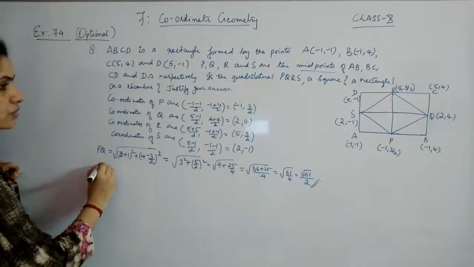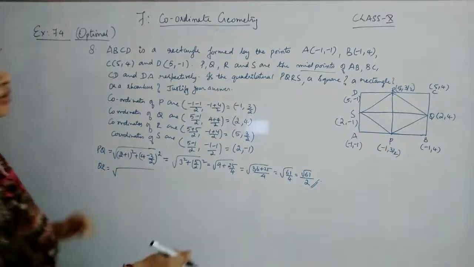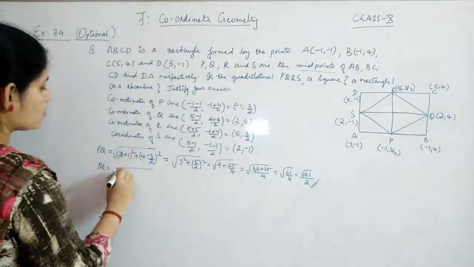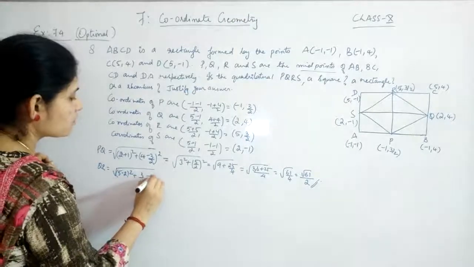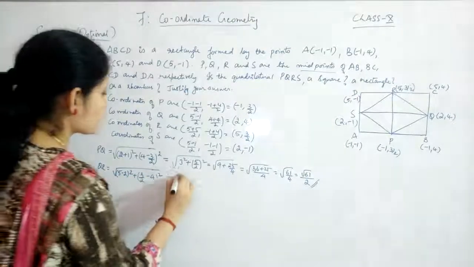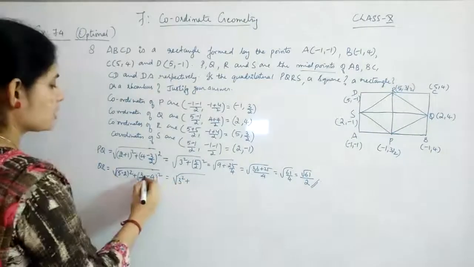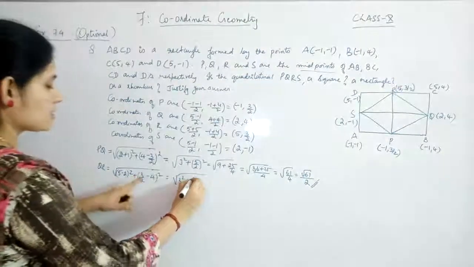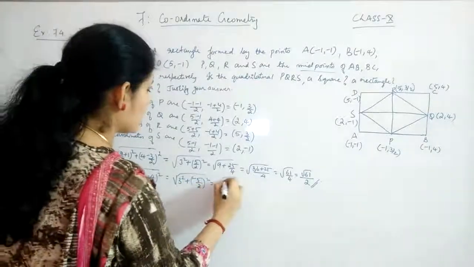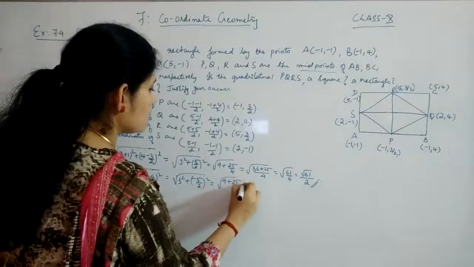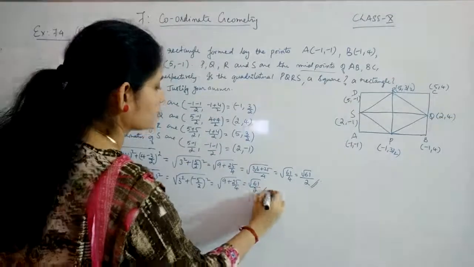Now you have to find out QR. Again QR will give you root of 5 minus 2 the whole square plus 3 by 2 minus 4 the whole square, which is again 3 square plus here you will get 3 minus 8, minus 5 by 2 the whole square. So this will give you again 9 plus 25 by 4. You can directly write, because same value, root 61 by 2.